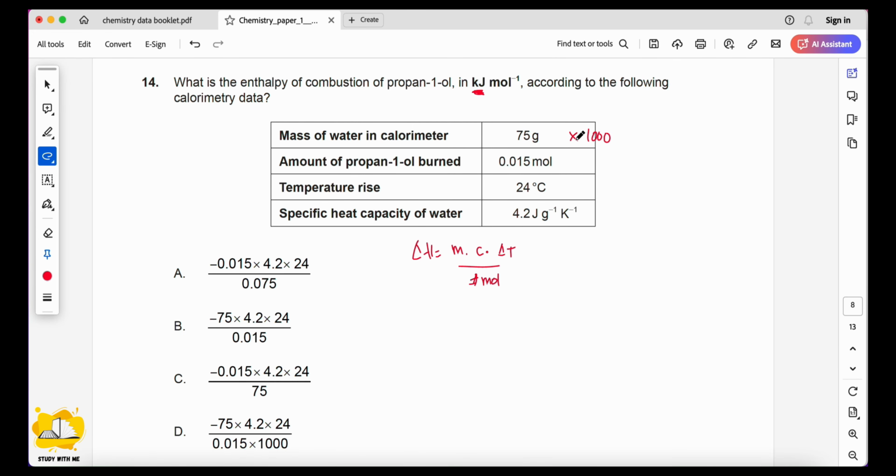But do not worry about the specific heat capacity of water because it could be 4.2 joules or kilojoules, kilogram or gram for the unit. So therefore the answer will be D, and it should be negative because the temperature rises.